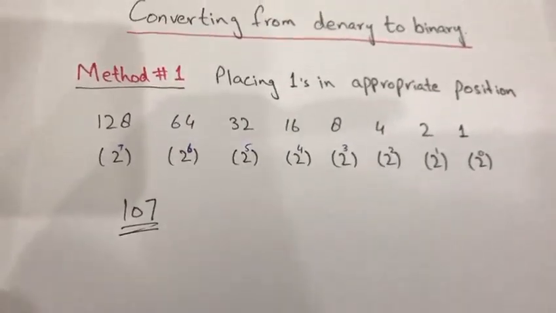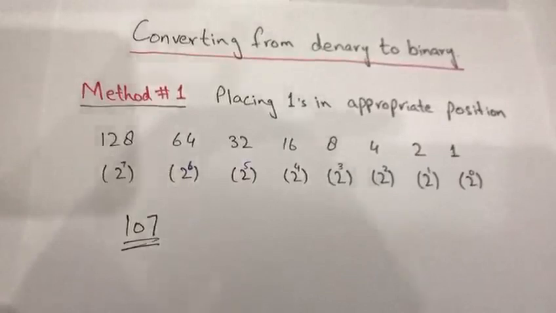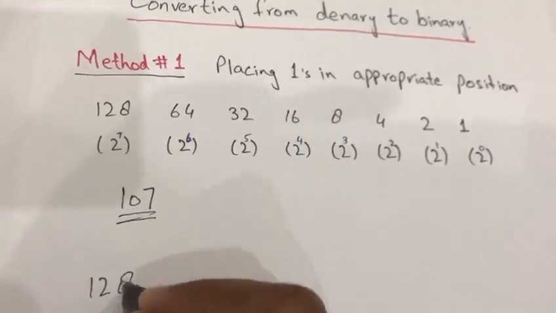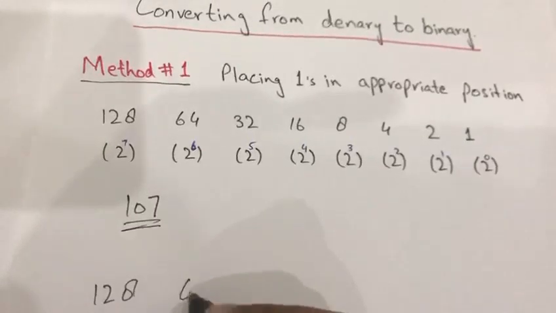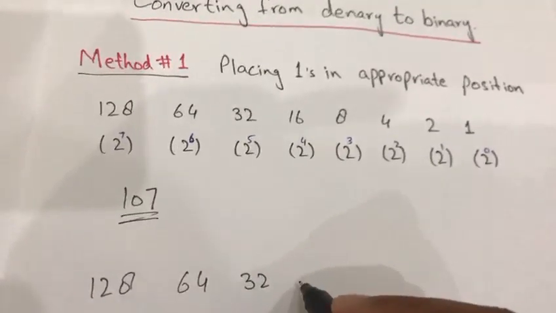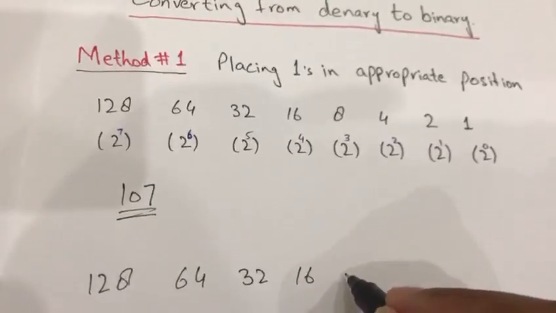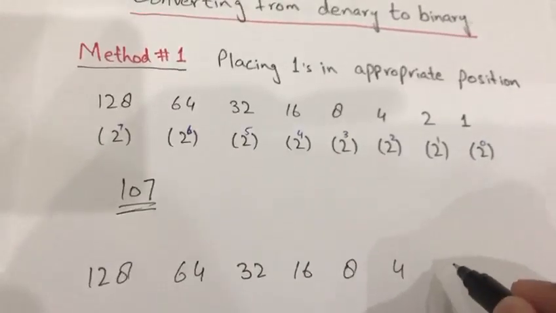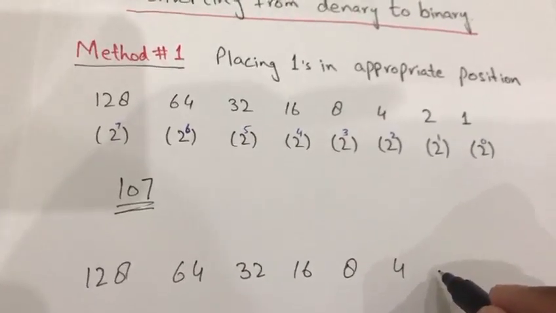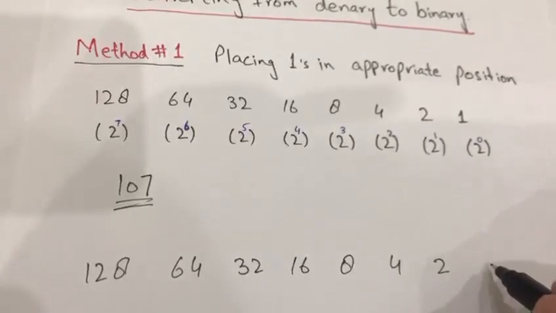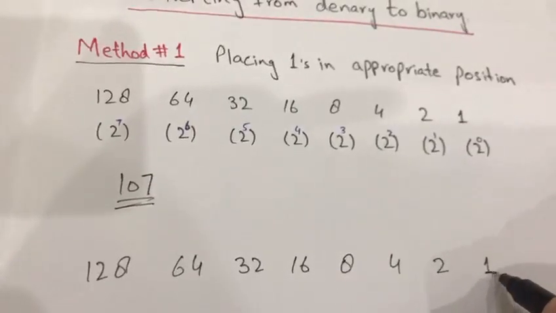Method number 1 is placing ones in the appropriate position. So we have 128 at the 7th position, 64 at the 6th, 32 at the 5th, 16 at the 4th, 8 at the 3rd, 4 at the 2nd, 2 at the 1st, and 1 at index number 0.